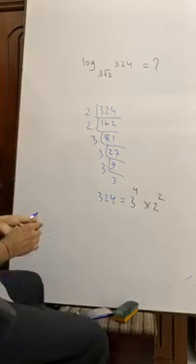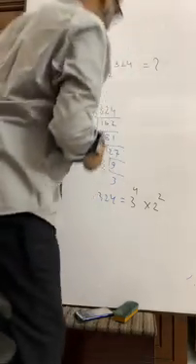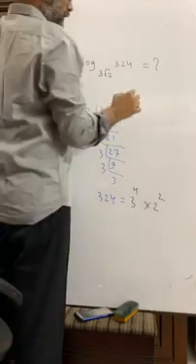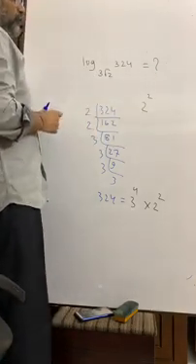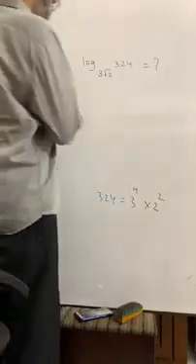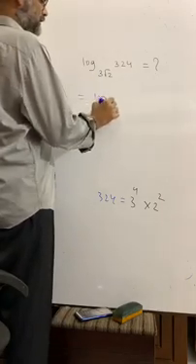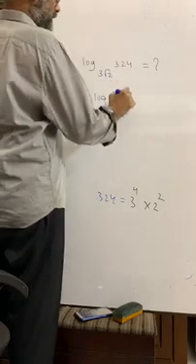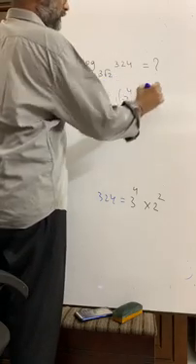Have you seen? 3 to the power 4 into 2 square. Now you see 2 square. Remember one thing. Write down log 3 to the power 4 into 2 square.